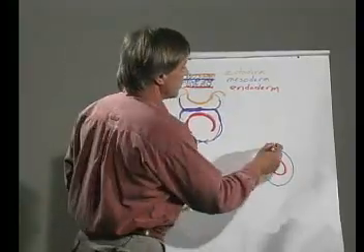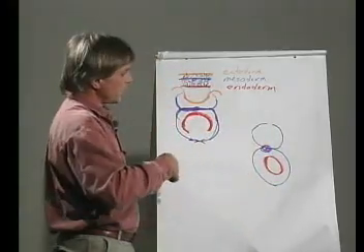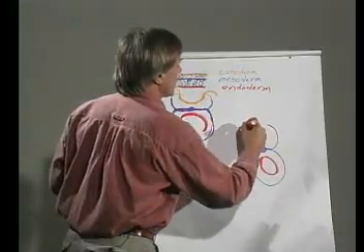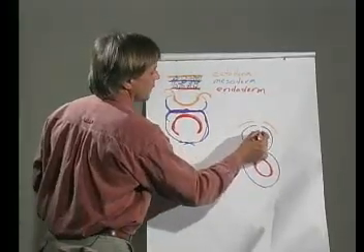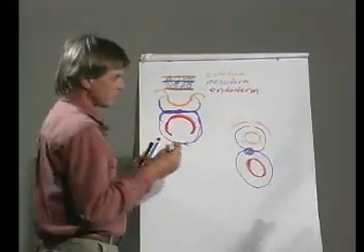The mesoderm comes around here and pinches off a piece of the ectoderm, so that what you end up with is two pieces of ectoderm outside and pinched off inside a tube.